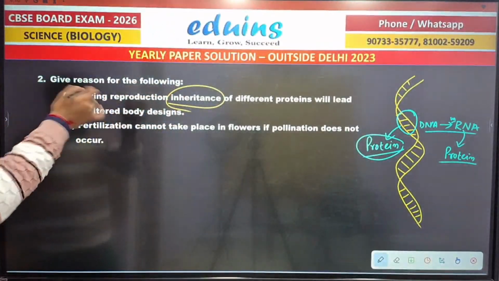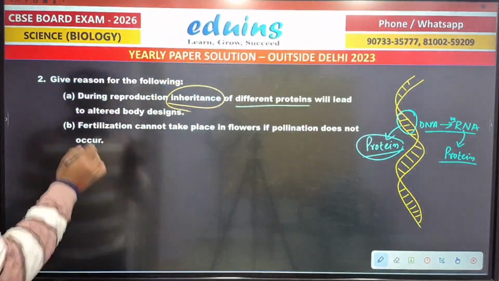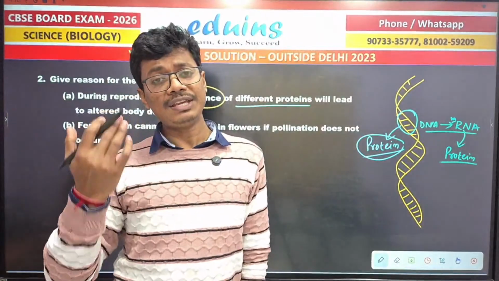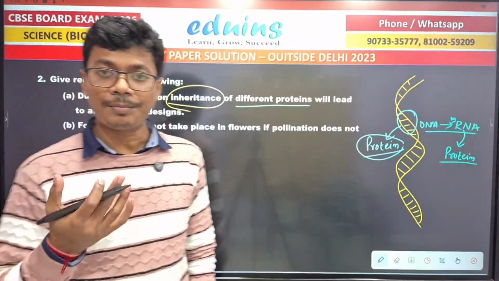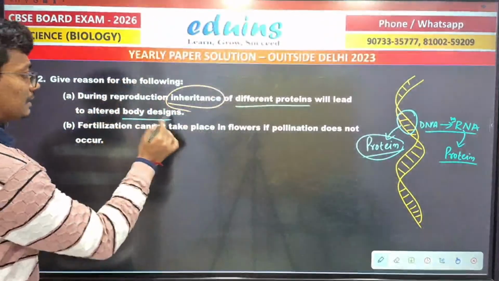And during reproduction, inheritance of different proteins will lead to altered body design. If you have inherited different kinds of protein, it will alter the body design.